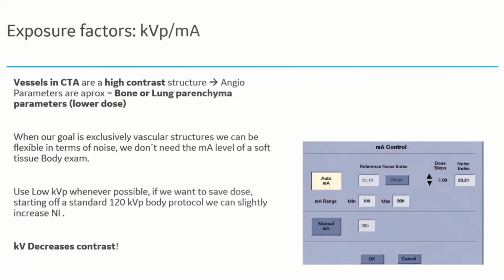In this case, for this study, we set an mA range from a minimum of 100 to a maximum of 308. What I'm telling the system is, even if you are giving me the ideal noise index for this study, that is 22.10, I want you to modulate the dose to reach a 23.21 noise index.